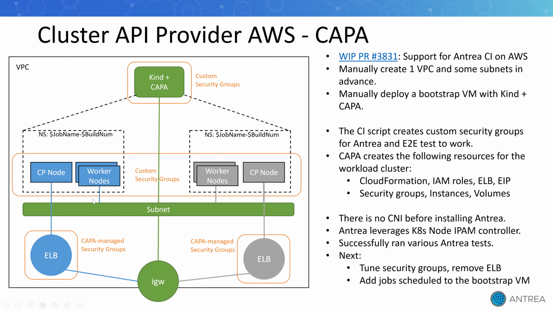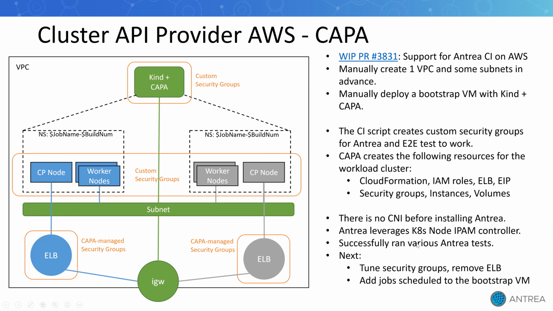In EKS on AWS, your pod will get an AWS Elastic interface and get the subnet IPs. But the Cluster API has no such support. So only your node gets the Elastic interface on the subnet. Your pod is still using the node IPAM controller. So this is perfect for us to test Antrea on it.